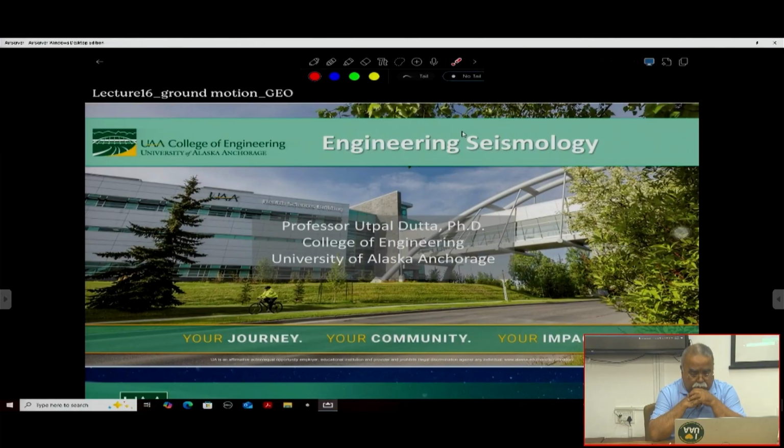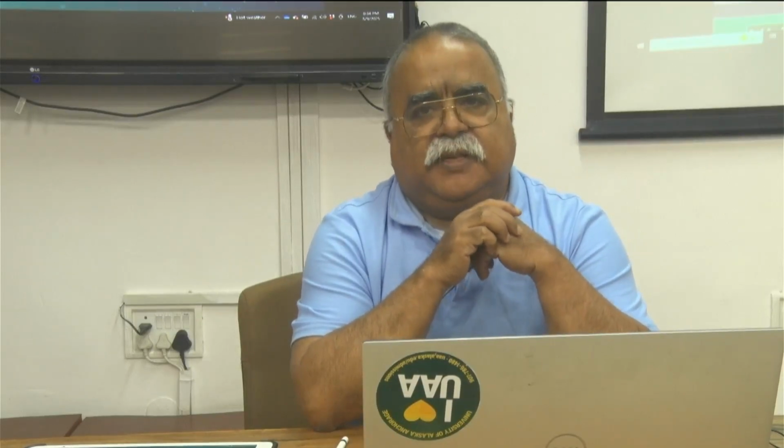concentrating our effort on calculating the soil response when the earthquake is propagating through a layer of soil column, right? So during the earthquake, we assume that the soil column is present, and the seismic wave is propagating through the soil column to the surface, right?